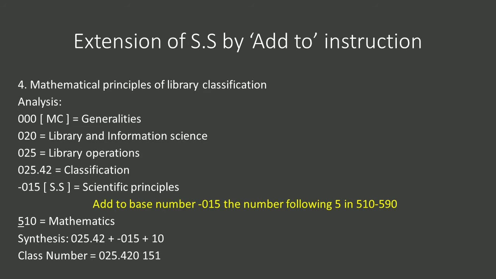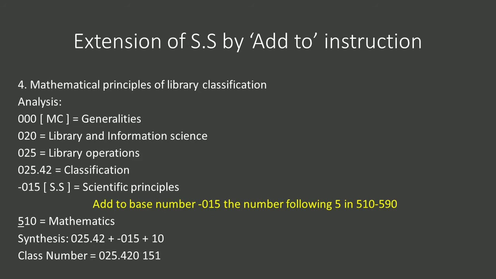So we have taken 10 by following the digit 5 of 510 for mathematics, but we have removed 5 from here, and after removing we have used only 1 and 0. Our class number will be 025.42015 1 0.